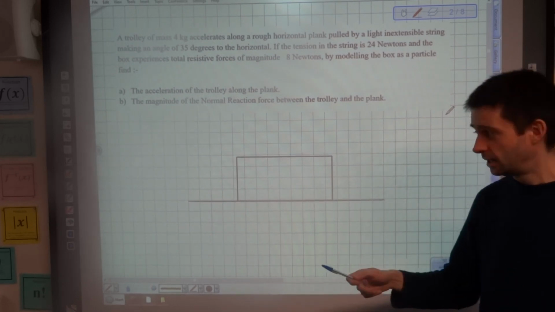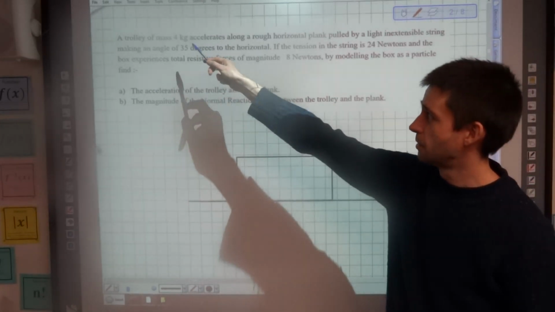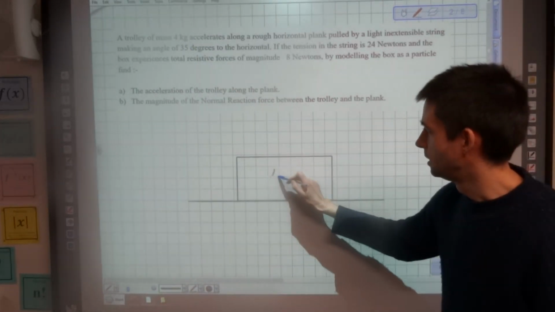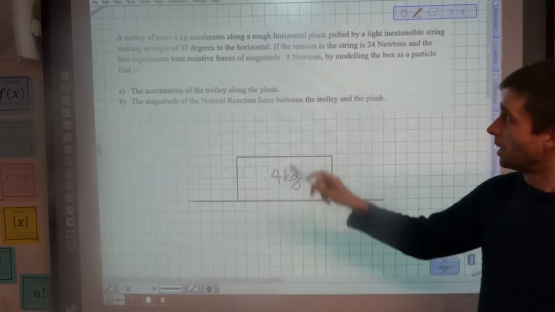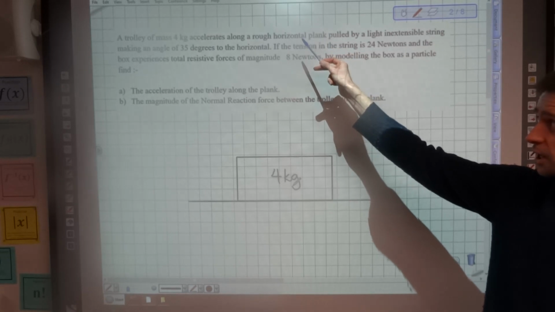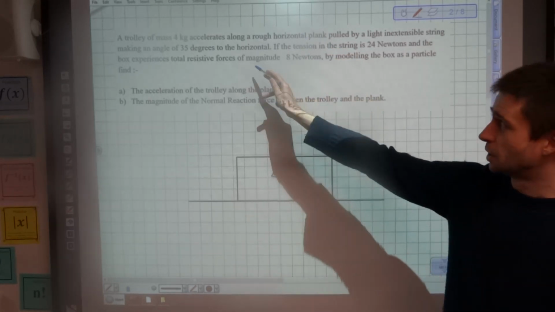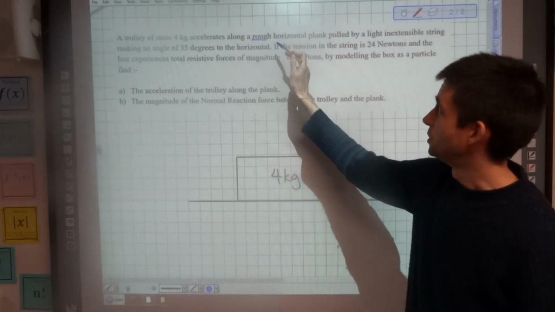Right, so I'm just going to label this diagram with all the information that I have. The mass of the trolley is 4 kilograms, so I'll write that on the box. A rough horizontal plank implies that there's going to be some friction, and that is the result of these total resistive forces of magnitude 8 newtons.